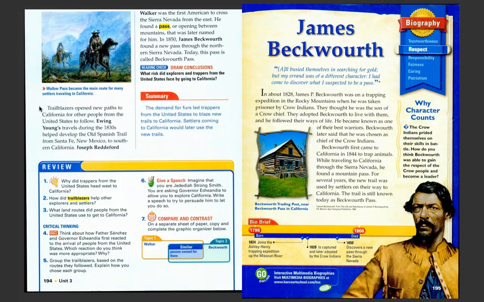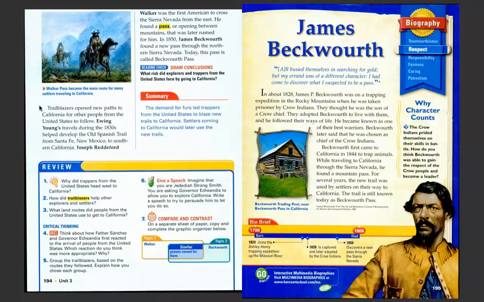Here we are on page 194. Let's read this caption. Walker Pass became the main route for many settlers traveling to California. So here are some more trailblazers. Trailblazers opened new paths to California for people from the United States to follow.